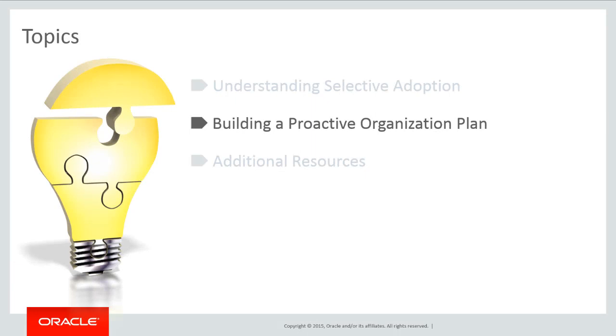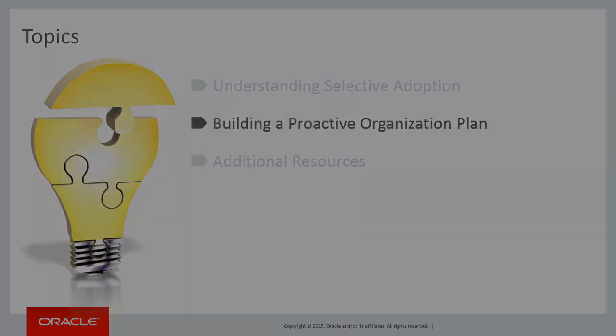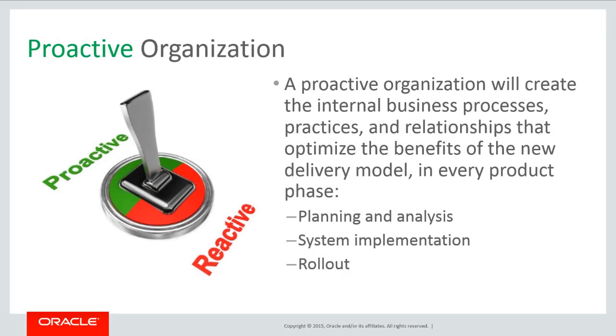Now I'm going to talk about the importance of having a proactive organization plan. So we've talked about how selective adoption changes the way that PeopleSoft delivers maintenance and new features. Now the question is, are you ready for this? We find that organizations will either be proactive or reactive. Proactive organizations will embrace the change that is selective adoption and are busy thinking about what they can do to line their business processes up with what PeopleSoft delivers.